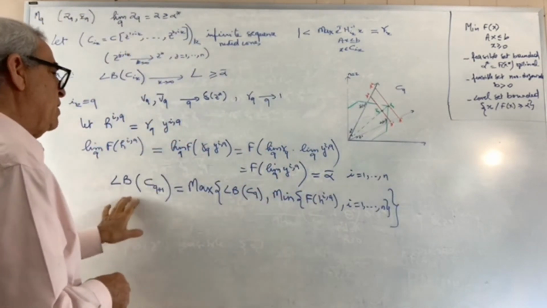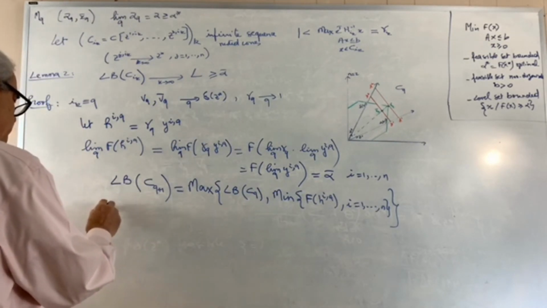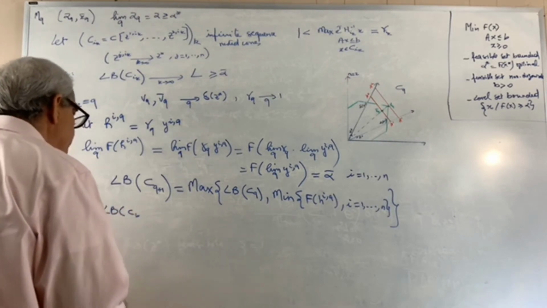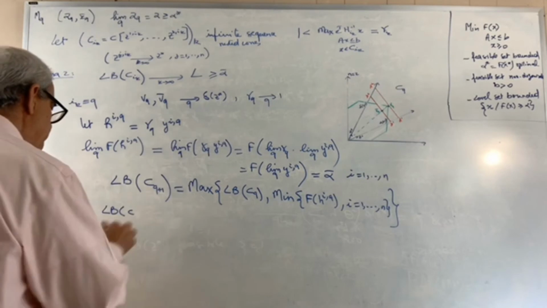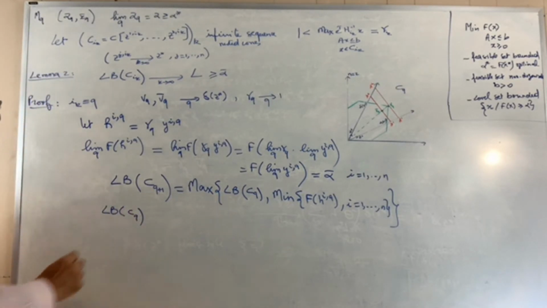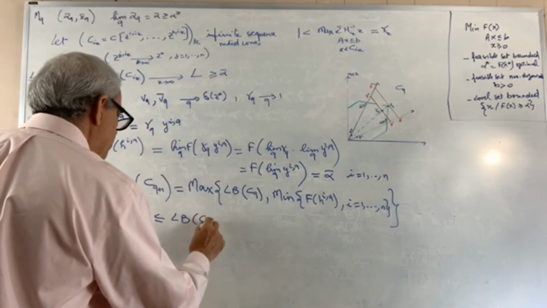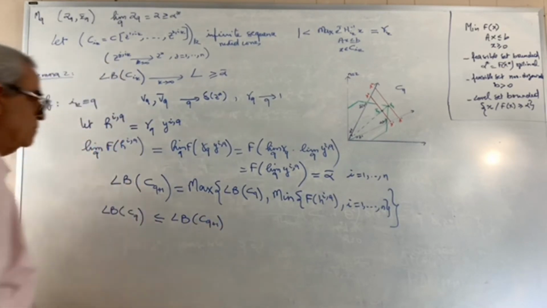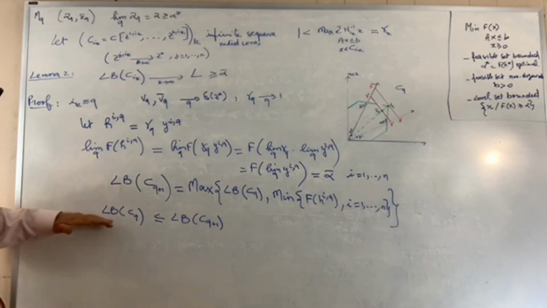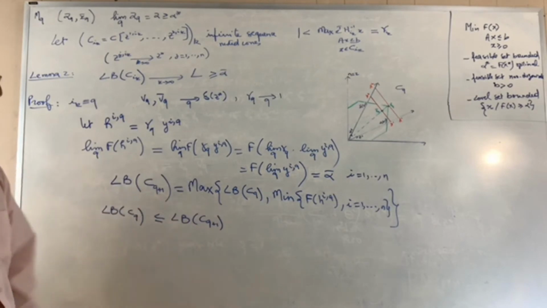So this says two things. One is that the lower bound of C_q is less or equal to the lower bound of C_{q+1}, because of the maximum, so it has to be greater or equal to this. Therefore these lower bounds form a monotone sequence.